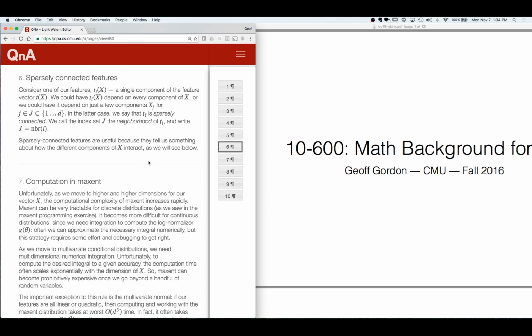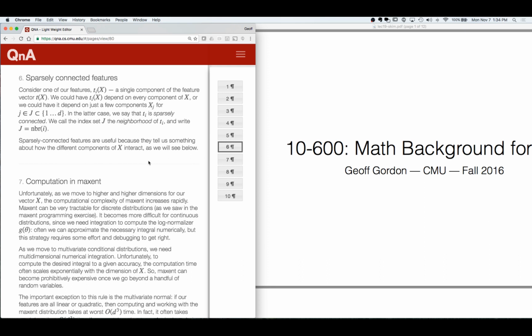Maximum entropy in vector value distributions is in one sense exactly the same as it was for discrete and continuous univariate distributions. We've got a vector of features t, and each one of our features is a function of, in this case, all of our random variables instead of just one.